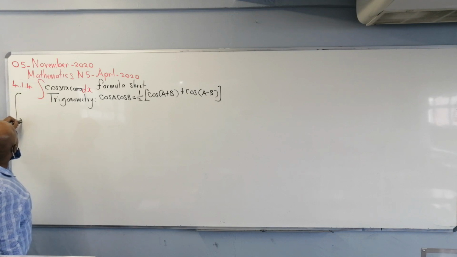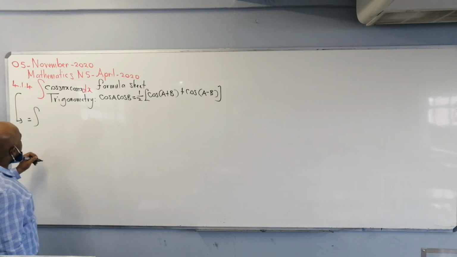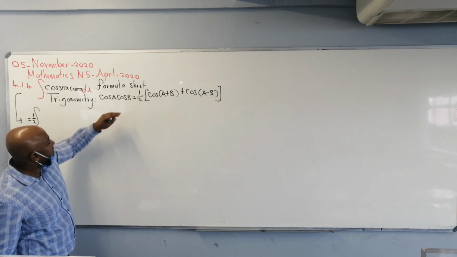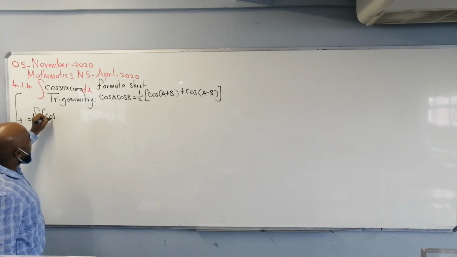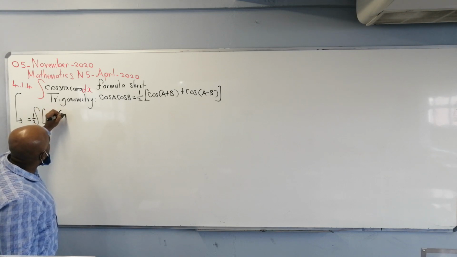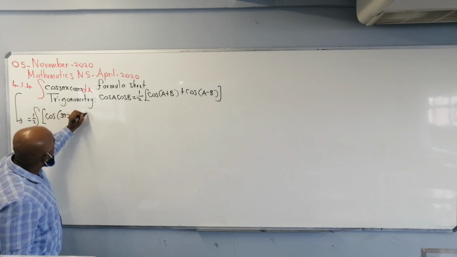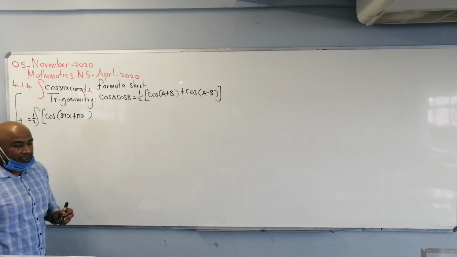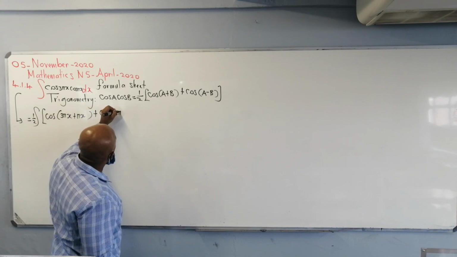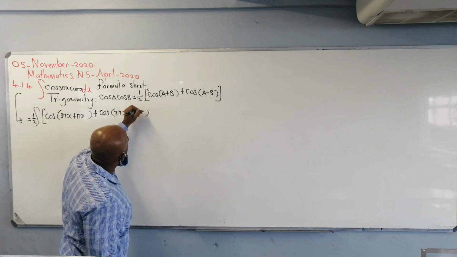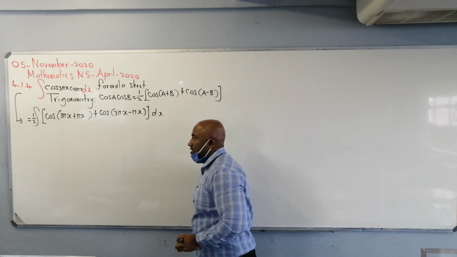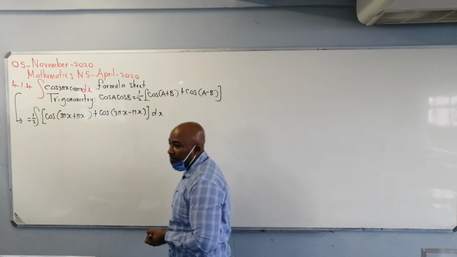So this is now equal to the integral of, so I'm applying the formula, so that will be half, there's my half here, opening brackets, this will be cos A plus B, so that's going to be 3πx plus πx, you can see that, A plus B, and then you got plus cos A minus B, so that's 3πx minus πx dx.